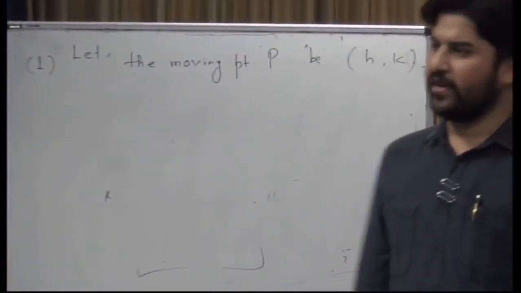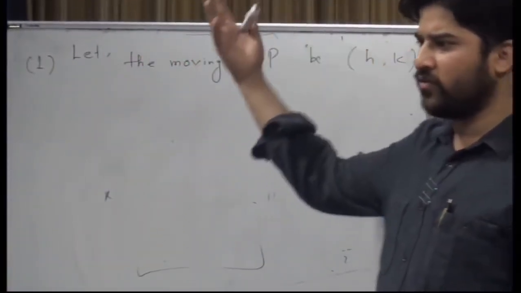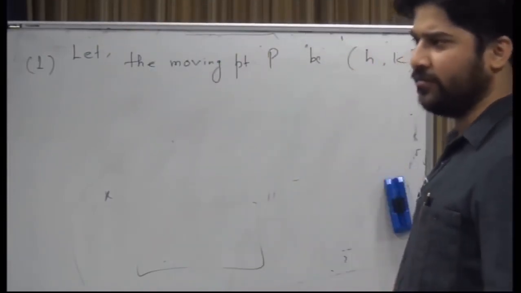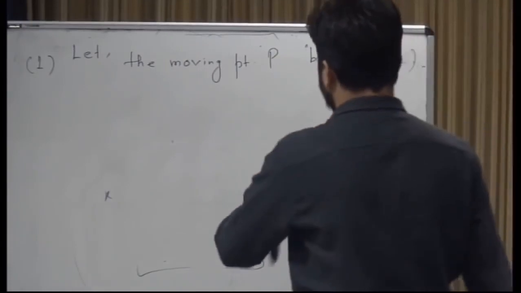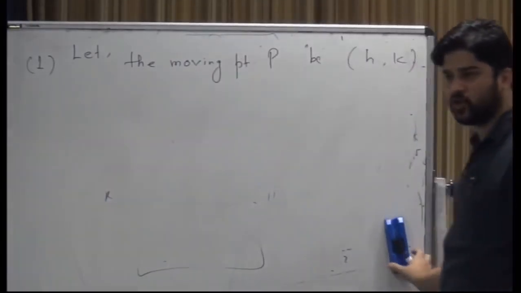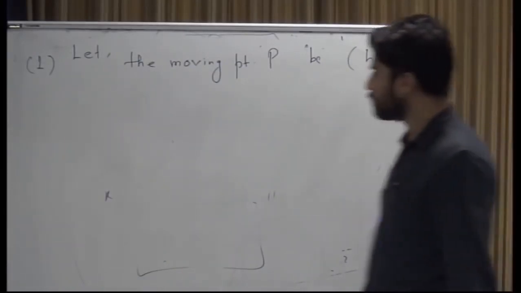Don't write X comma Y because you will be using lots of equations where you will be seeing X plus Y already given. So that is why we use H comma K initially. So what we did: let the moving point be H comma K.